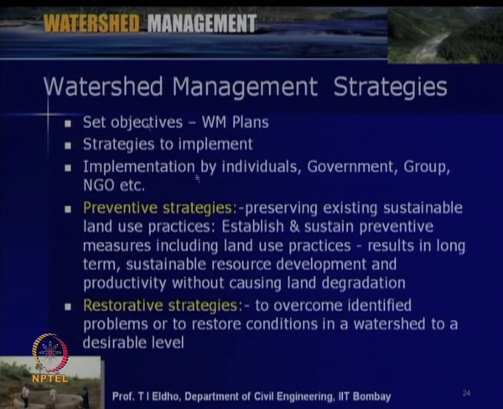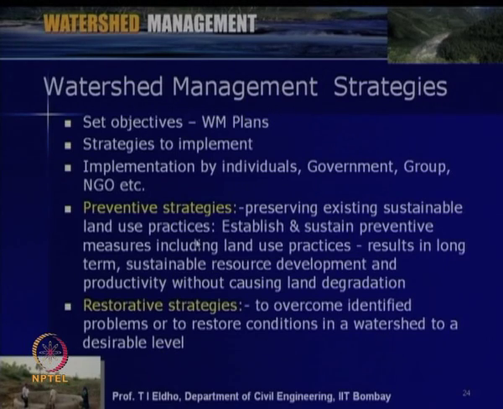As we discussed earlier, the strategies can be either preventive strategies or restorative strategies. Preventive strategies means preserving the existing sustainable land use practices, and then establishing and sustaining preventive measures, including land use practices. And restorative strategies means to overcome identified problems or to restore conditions in a watershed to a desirable level.